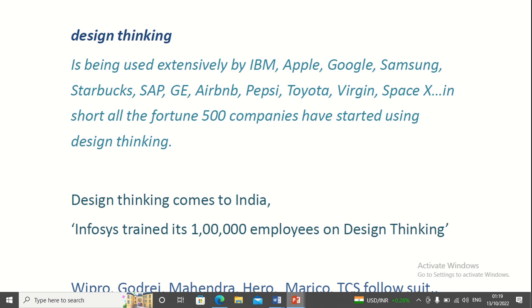So let us go directly to what design thinking is. Design thinking is a discipline which is focused on introducing products or solutions or new technology in order to address the requirements and expectations of users.